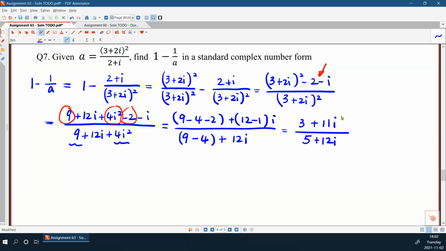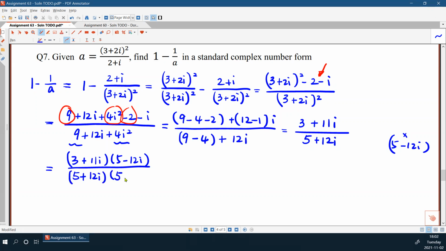So this seems a little easier. In the next step, we need to rationalize the denominator by multiplying by its conjugate, right? So the conjugate of 5 plus 12i is 5 minus 12i, right? So we need to multiply this number to both the numerator and denominator. So (3 plus 11i) times (5 minus 12i), then over (5 plus 12i) times the conjugate 5 minus 12i, right?